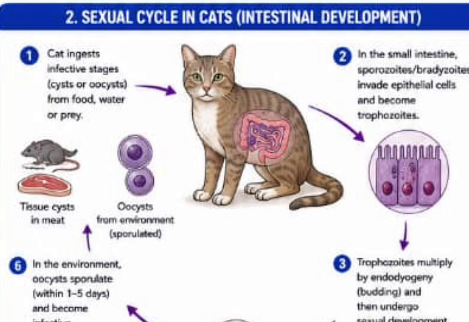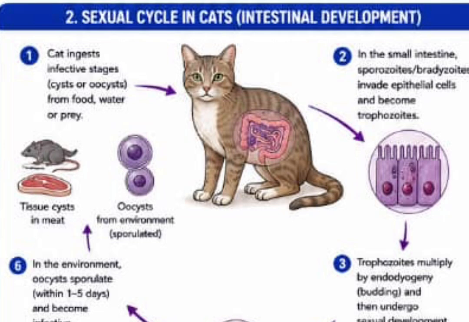But you see, in malaria, what did I tell you? When the female Anopheles mosquito bites the human, it releases a sporozoite from the salivary gland, and that sporozoite goes to the liver and becomes a hepatic schizont. But here, it's not going to the liver, it goes to the intestine, where they become sporozoites or bradyzoites.